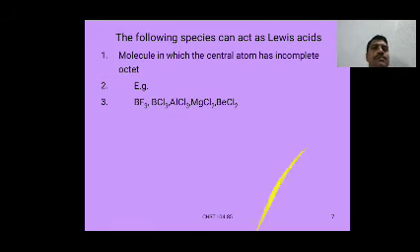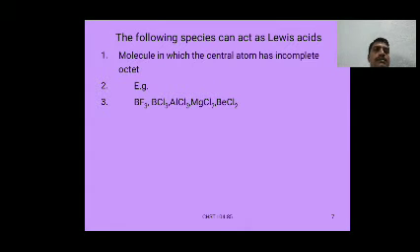For example, boron trichloride, boron trifluoride, aluminum trichloride, magnesium chloride, beryllium chloride, and ferric chloride.